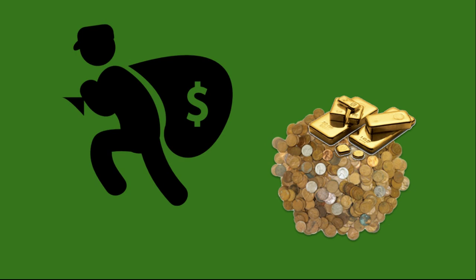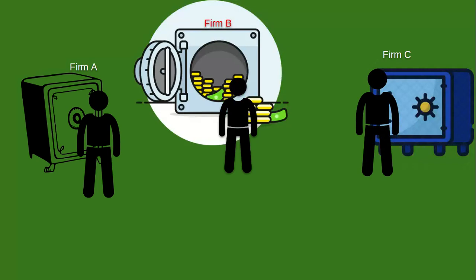So in order to prevent that possibility, you would proactively look for options to protect the property you hold in these commodities, which you utilize as a medium of exchange. So you would look around, you would shop around for your options.